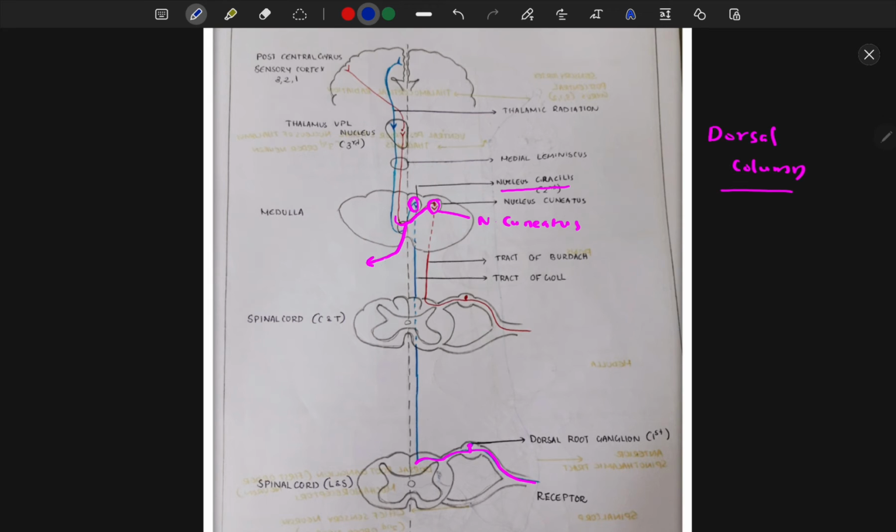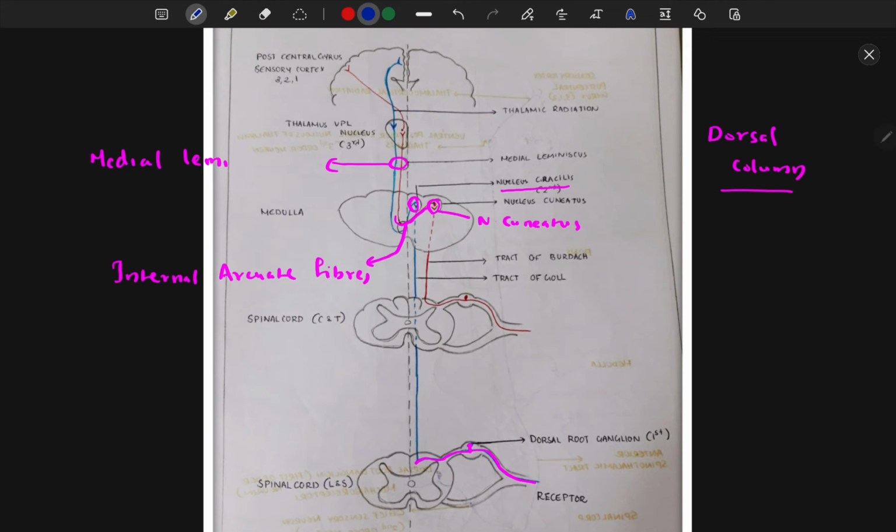These fibers are called the internal arcuate fibers, and they ascend together as the medial lemniscus.